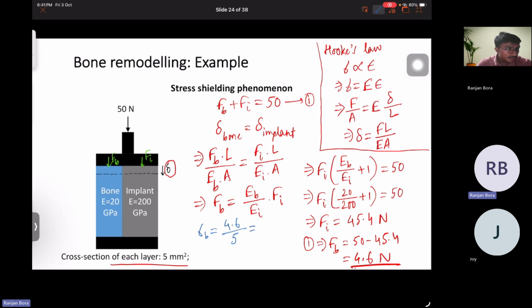If we do this, it is 0.9 megapascal, and sigma I is Fi, 45.4, divided by 5. It is 9.08 megapascal. So these are the answers. Sigma B is 0.9 megapascal and sigma I is 9.08 megapascal.